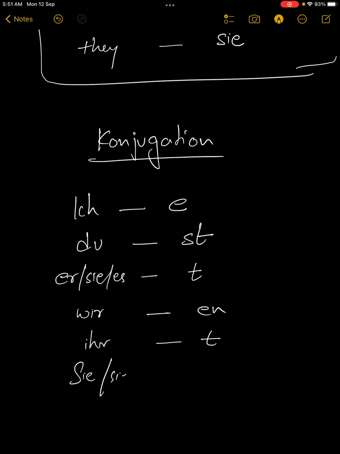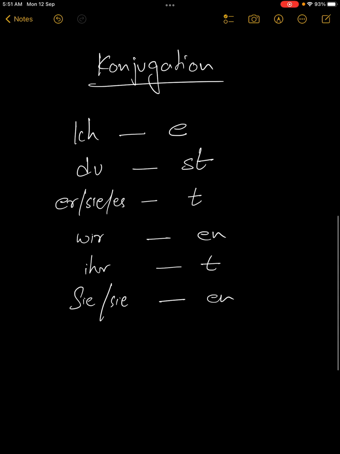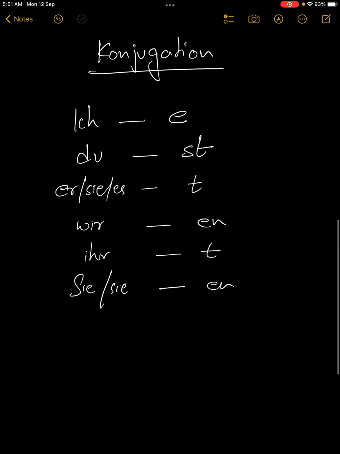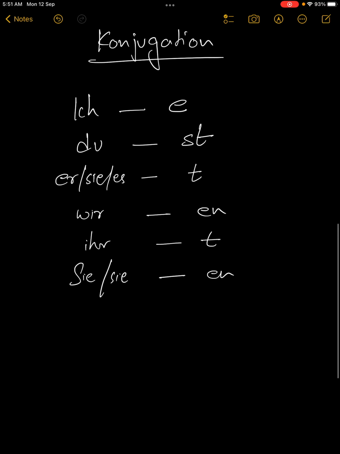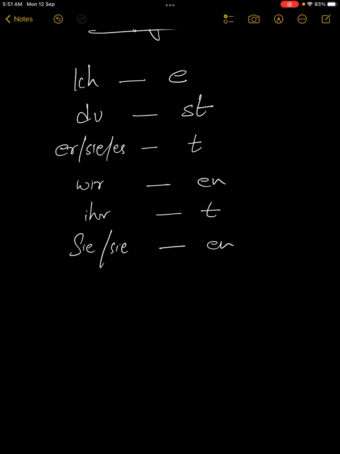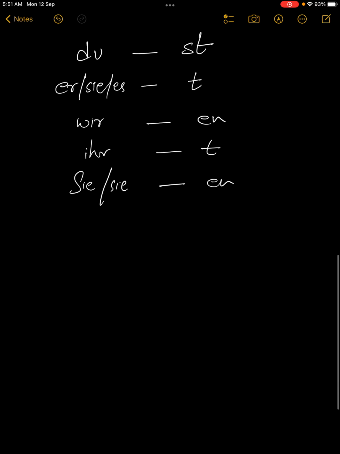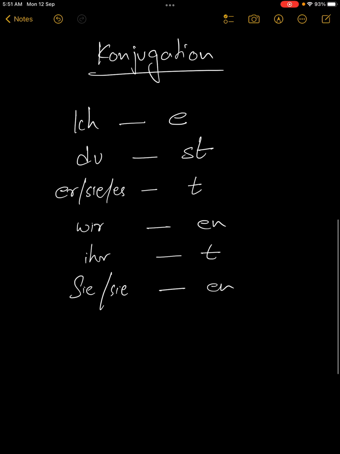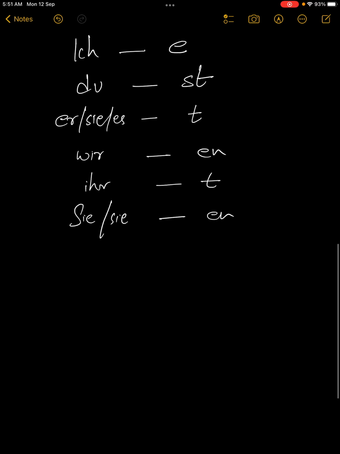And for sie, en. This is the order in which we must learn everything when it comes to conjugation or verb endings, since in most dictionaries this is how it is written. Alright, so take note of these endings.